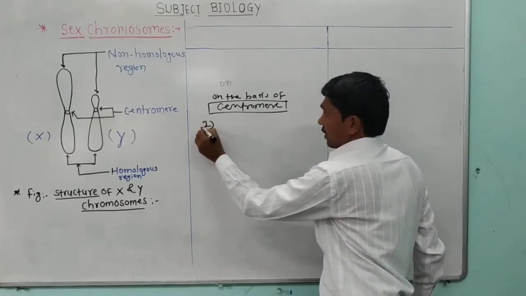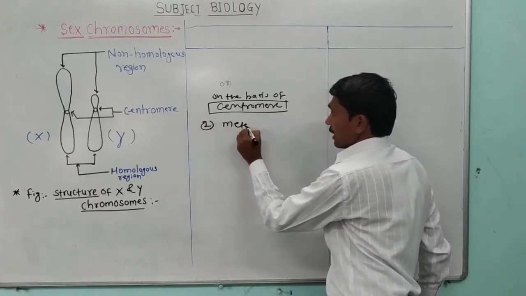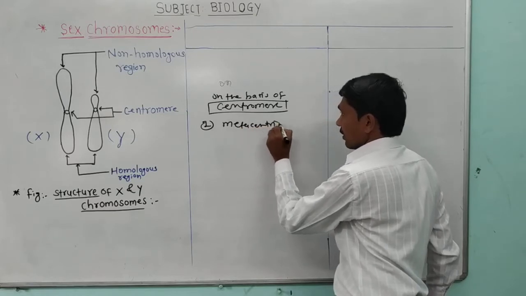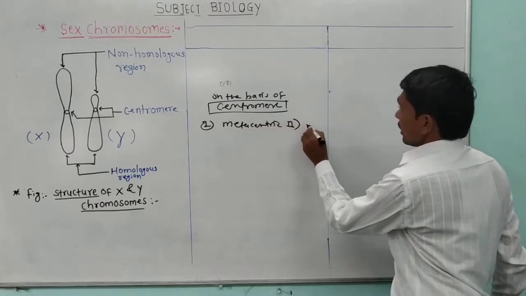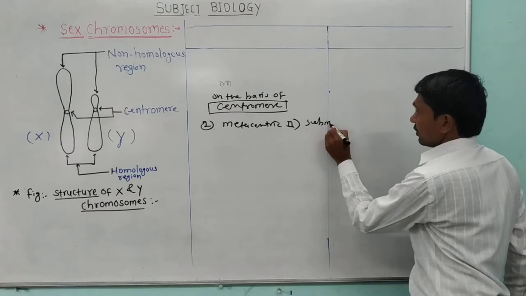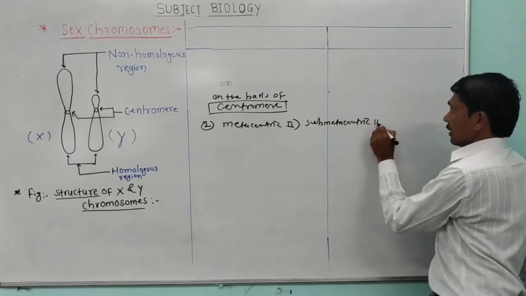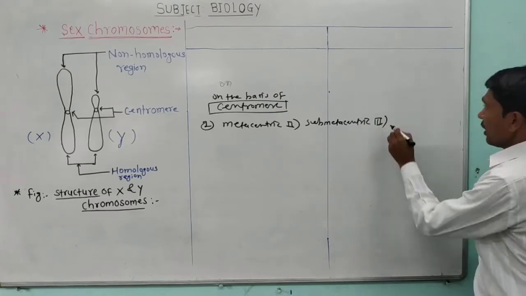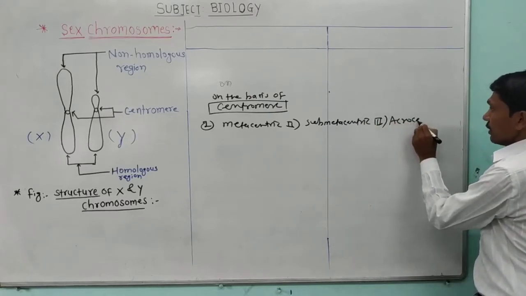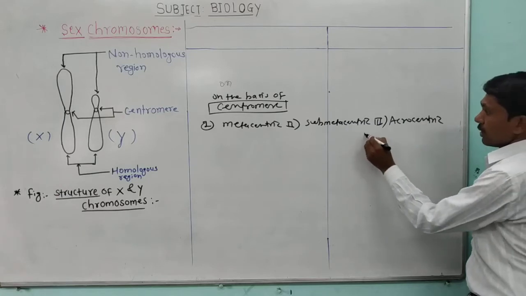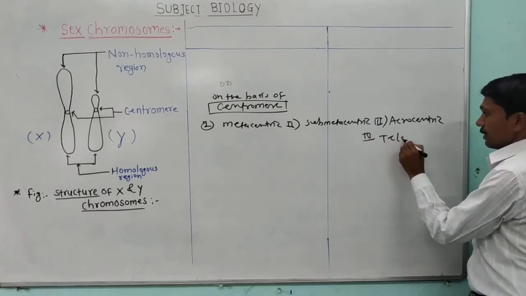First is metacentric, second submetacentric, third acrocentric, and fourth telocentric.